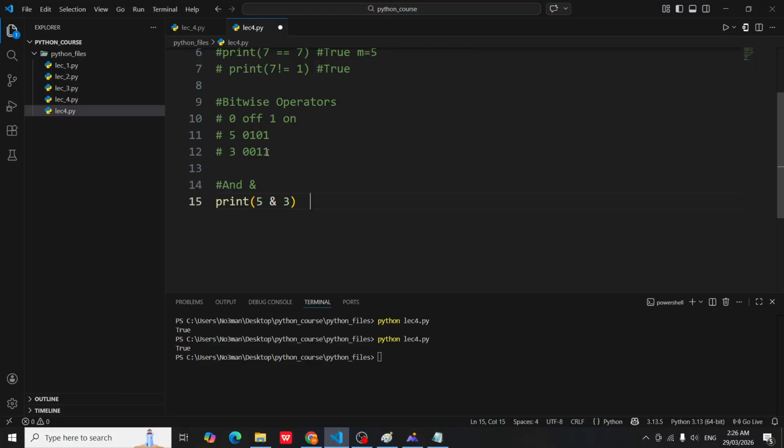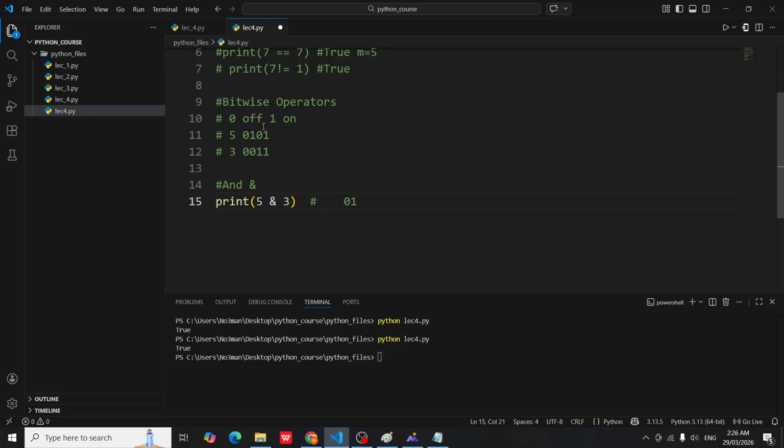If both are 1, if both switches are on, then it will be on. Let's compare the second number. One is off, one is on, so it will be off, it should be both on.